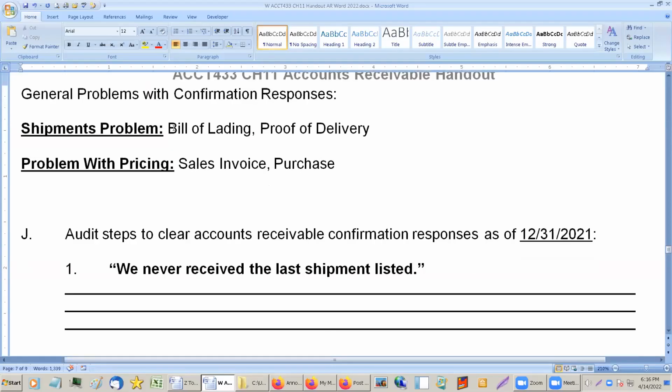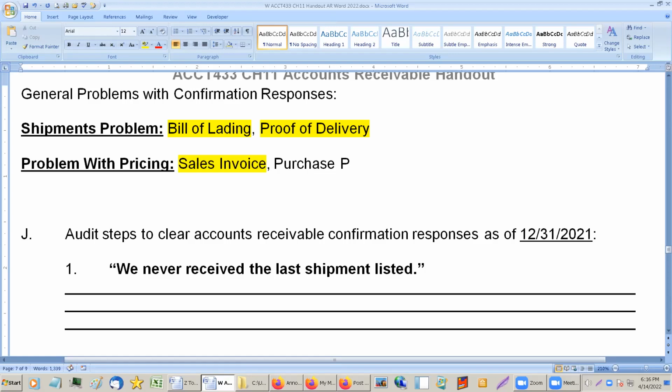Okay, so problem of shipment, you look at the bill of lading, proof of delivery. Problem with pricing, so if they say the invoice was wrong, the price is wrong, or whatever, you look at the sales invoice and the purchase order.